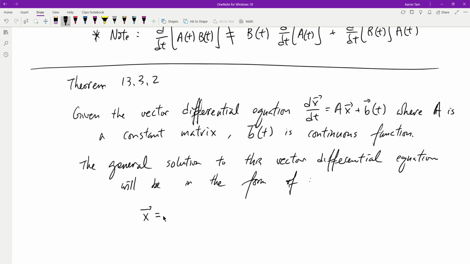Vector x is equal to e to the tA integral of e to the negative tA vector b of t dt, plus e to the tA vector c, with a constant vector c.